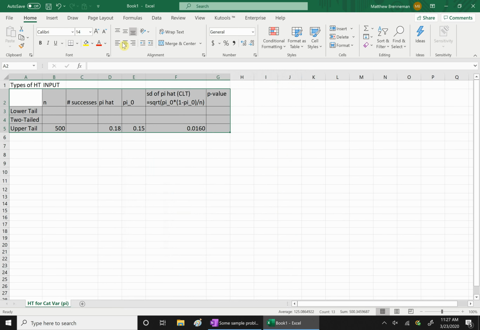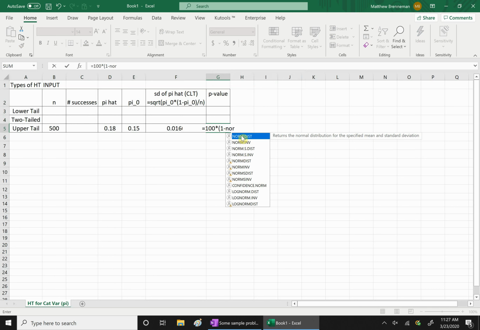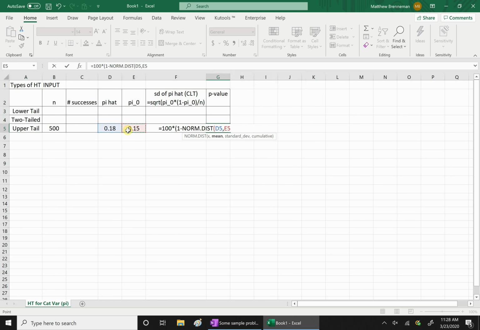Okay. Good. So our p-value is going to be the area in the upper tail. So I'm going to say 100 times 1 minus, and now I'm going to use norm.dist. This is my data value. This is the mean of the normal distribution, and this is the standard deviation. And that's my p-value.